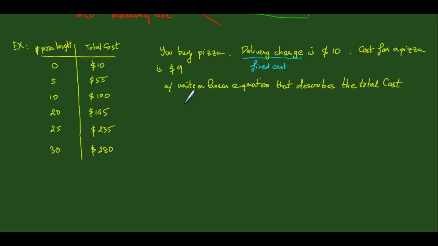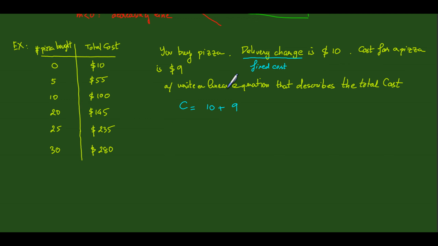I'm gonna call it C. Okay, C is total cost. C will be the fixed cost. The fixed cost over here is $10, plus the cost for each pizza. So over here, the cost for each pizza is $9 times X. However, we don't know how many pizza we buy, but we know that just one pizza costs you $9.